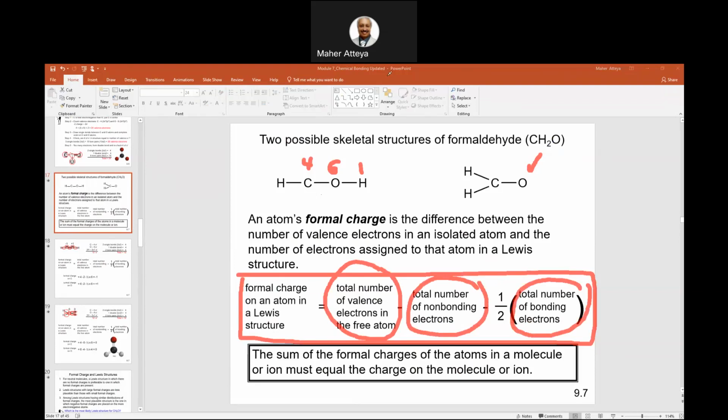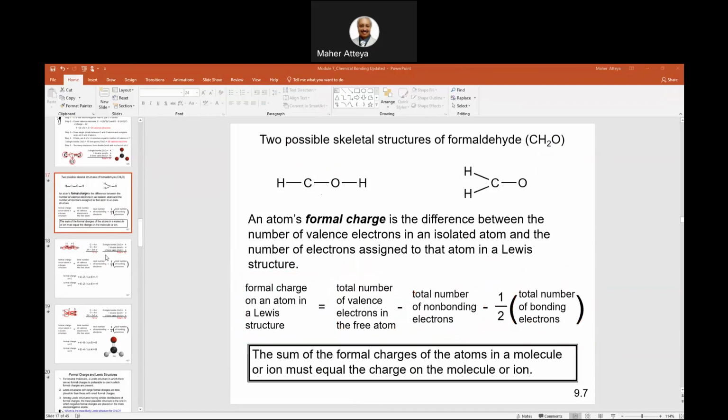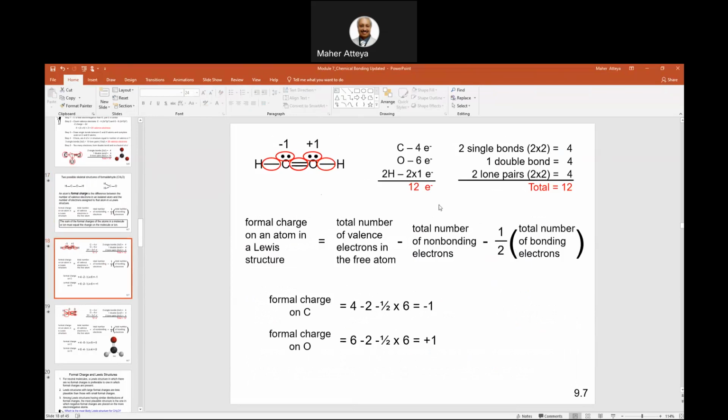So let's look at this. Put this one here in. Suppose we have something looking like this, correct? So carbon has 4 valence electrons. Oxygen is 6.